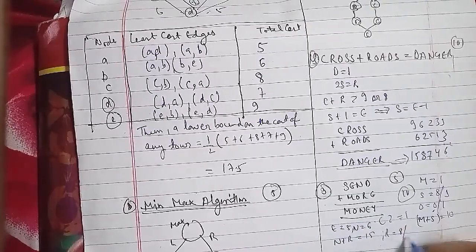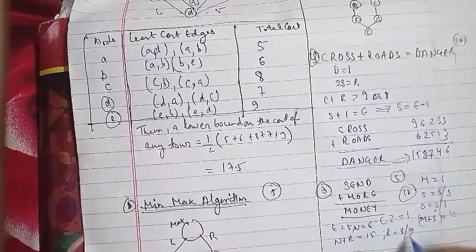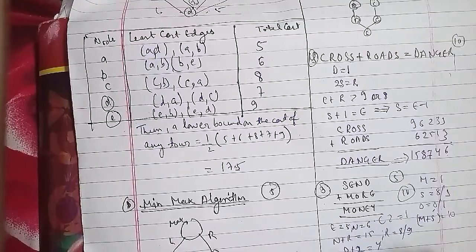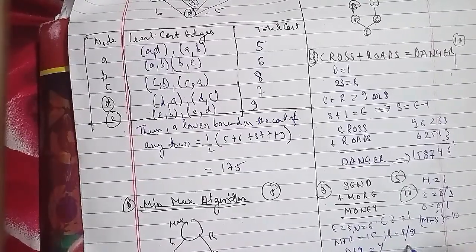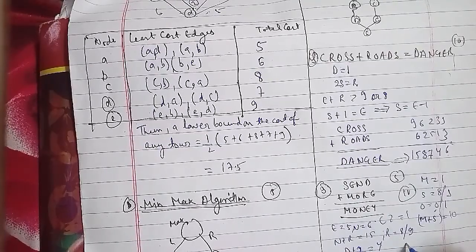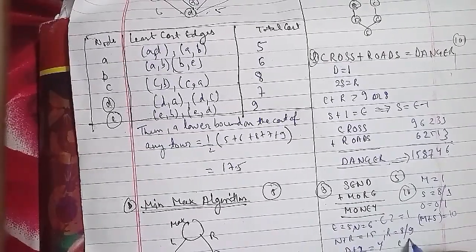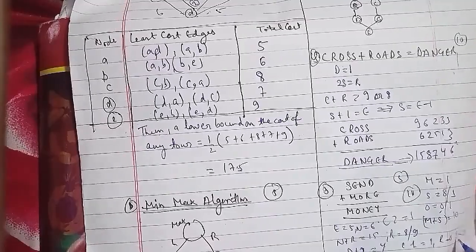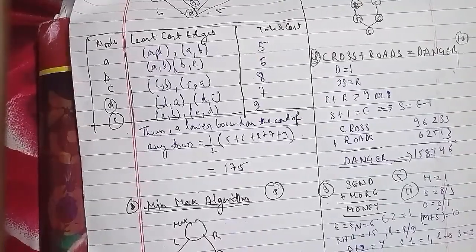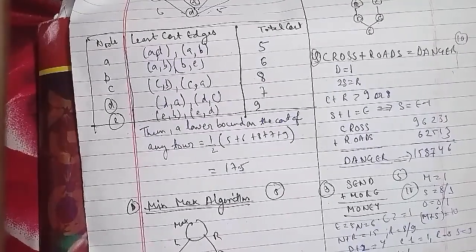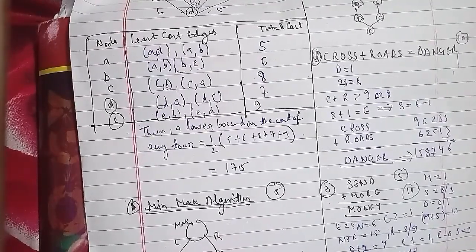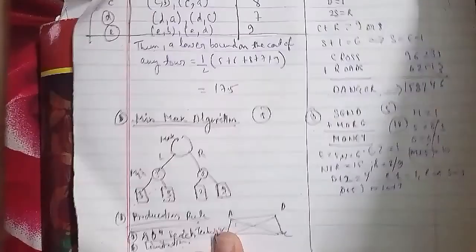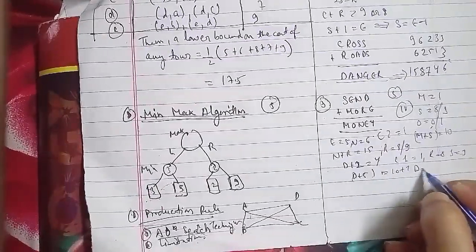If we take C1 as 1, then R becomes 8, S becomes 9, and D plus 5 becomes 10 plus Y. So the maximum value of D can be 7, and if D is 7, then Y becomes 2. So M is 1, S is 9, O is 0, E is 5, N equals 6, R equals 8, D equals 7, and Y equals 2.